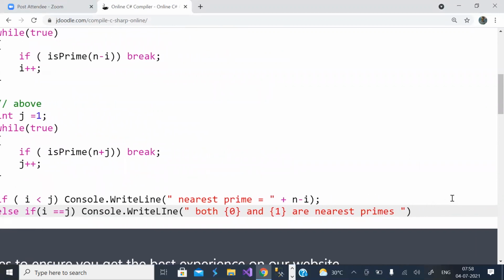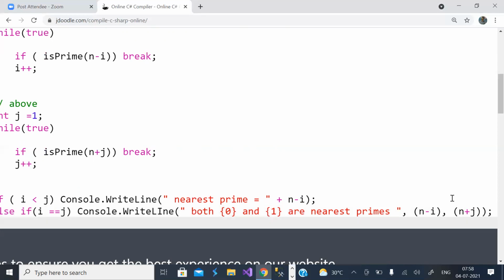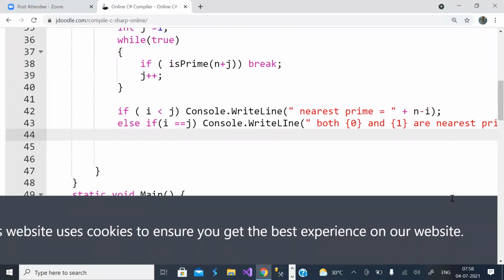Okay. What are they? N minus i and n plus j. Okay. Here, else only one is left. What is that?